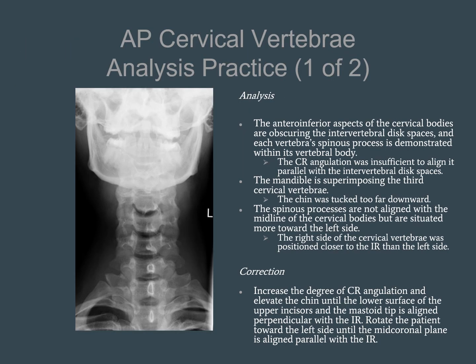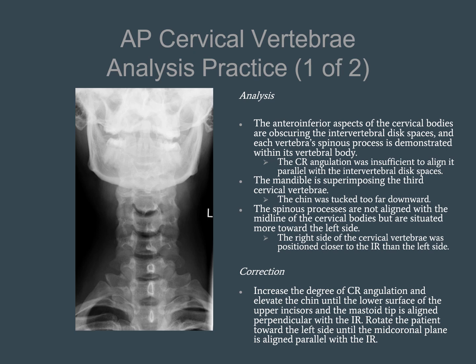So let's review our first practice analysis of the AP axial cervical vertebra projection. We can see that the cervical bodies are obscuring the intervertebral disc spaces, so therefore our disc spaces are closed.